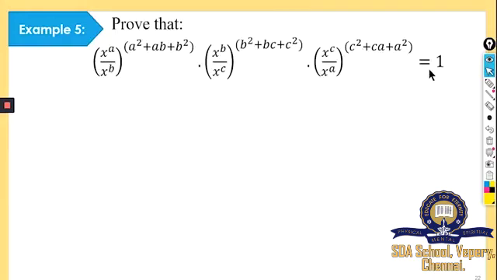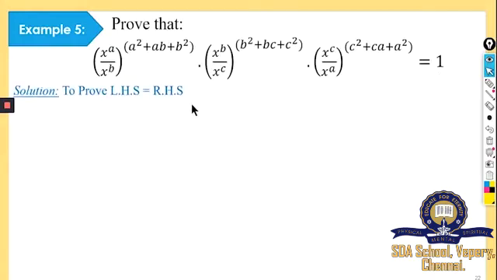So they've asked us to prove the given expression is true. So what we need to do is, we have to take the LHS term first, and we have to simplify the LHS term. The answer, we should get it as 1. Okay. So to prove LHS is equal to RHS.